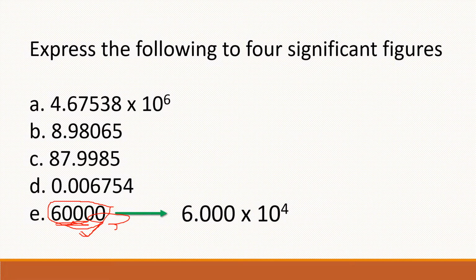See here, 6.000 into 10 power 4. On multiplying with 10,000, we will get 60,000. But there the significant figure is 1, and here the significant figures are 4. The zeros after the decimal are considered as significant. So 6.000 into 10 power 4 has 4 significant figures.